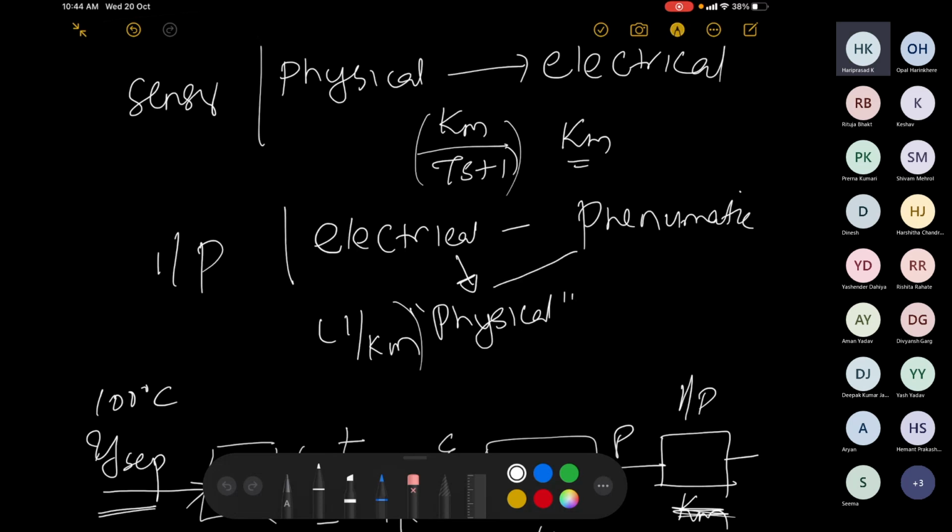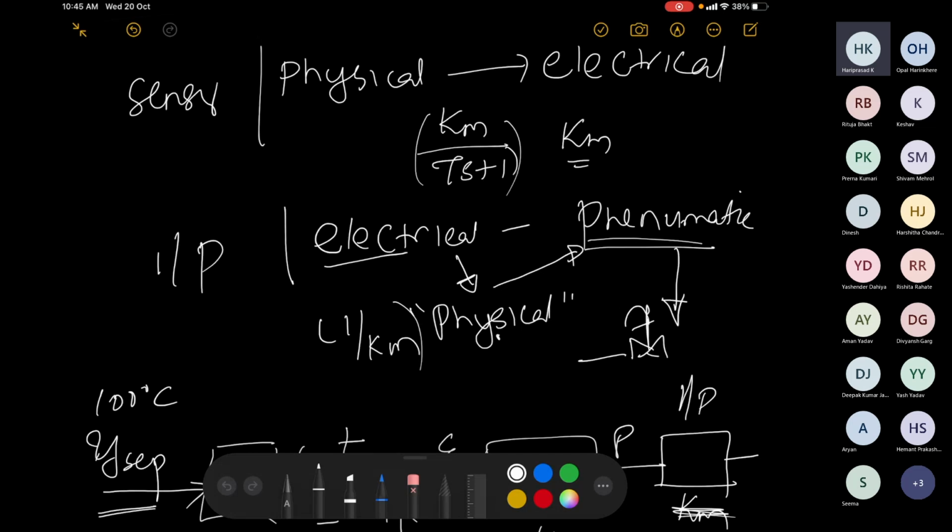We are doing electrical to pneumatic. So this is, in fact, another space, right? The pneumatic valve would actuate your stem, and that would affect some other variable, and then it becomes a physical system. So this is not electrical to physical variable directly.